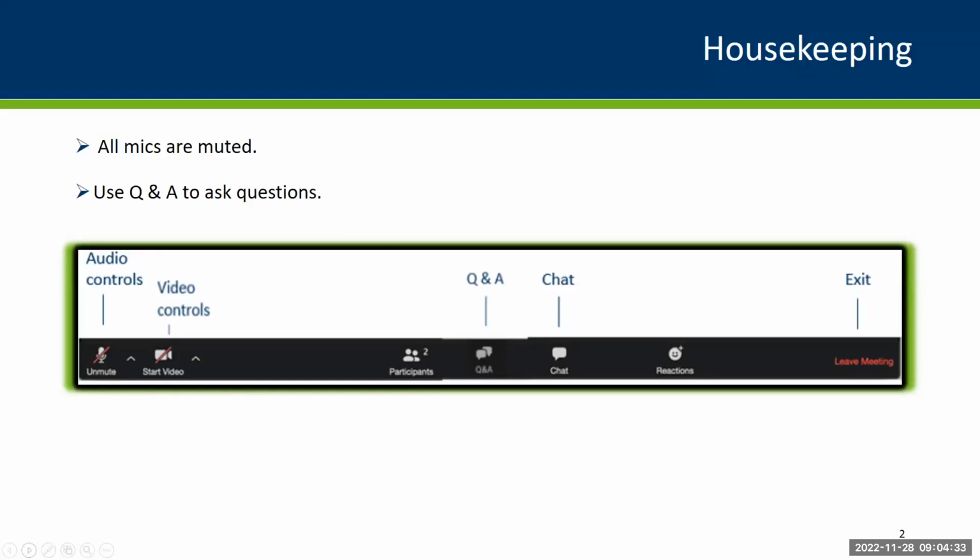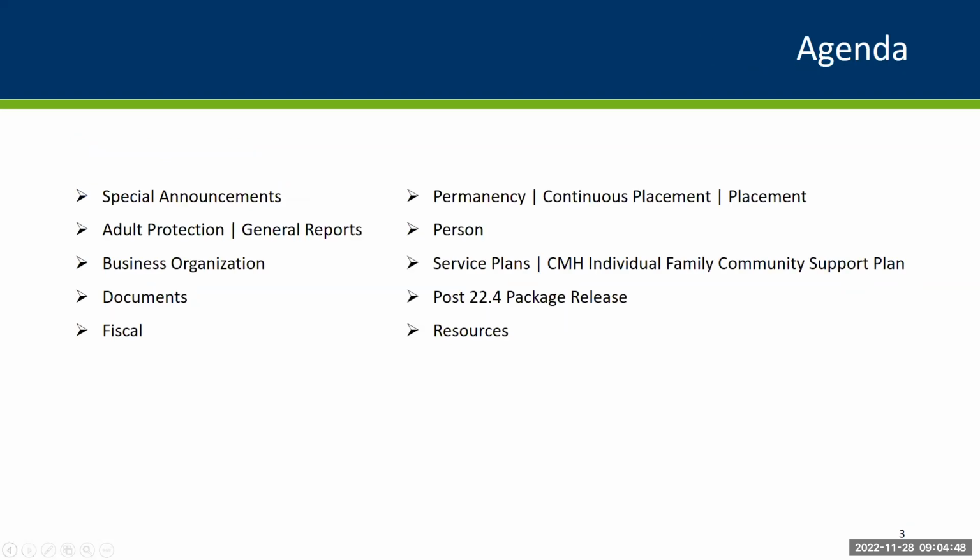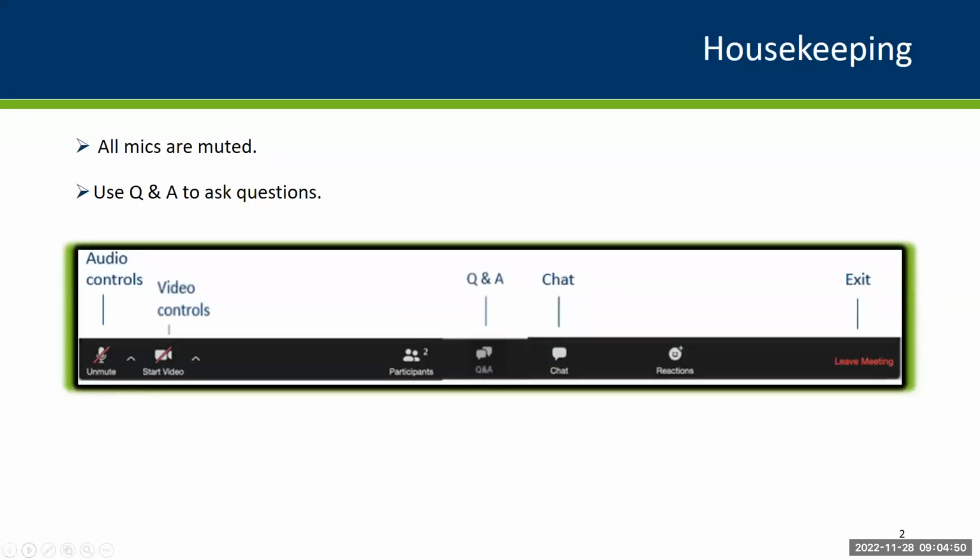Participants, this button will allow you to see the list of participants in the training. It will also give you access to nonverbal interaction features of the platform. We'll go over these more in depth on the next slide. Q&A, this button allows you to add or read questions and SME posted responses. And the chat, this button will allow you to chat with the group as well as trainers or other learners.